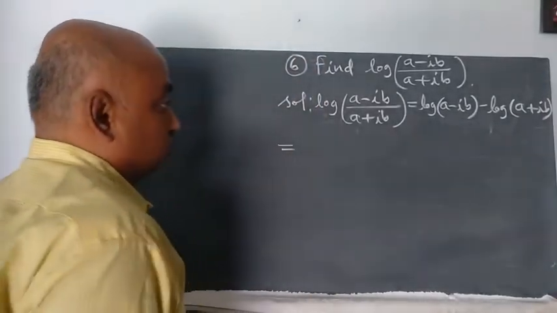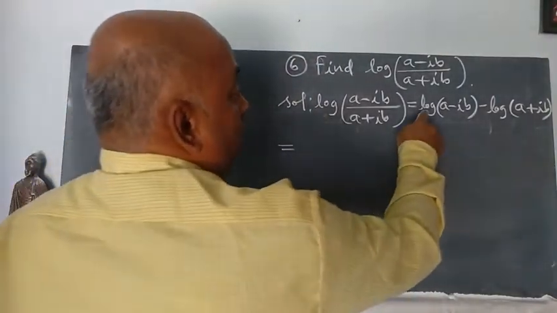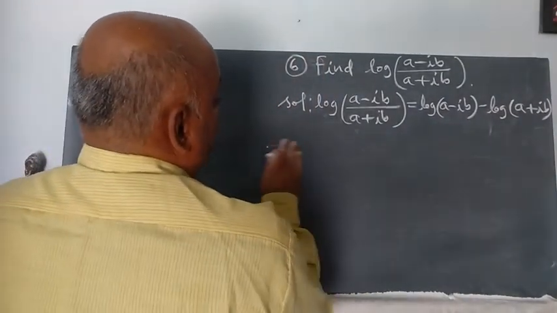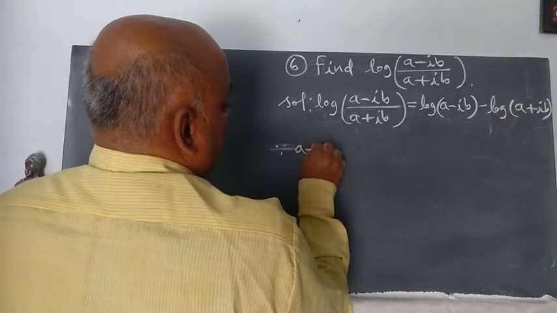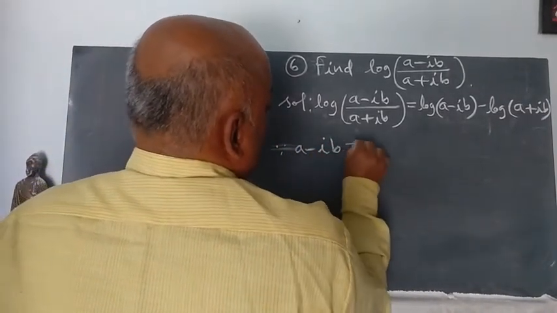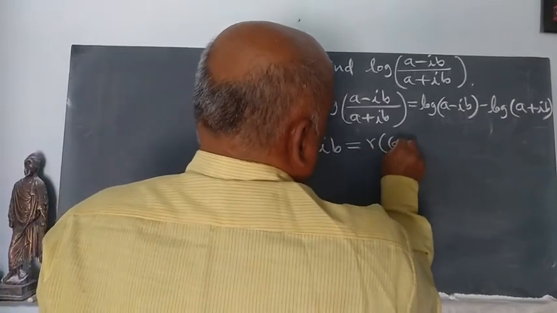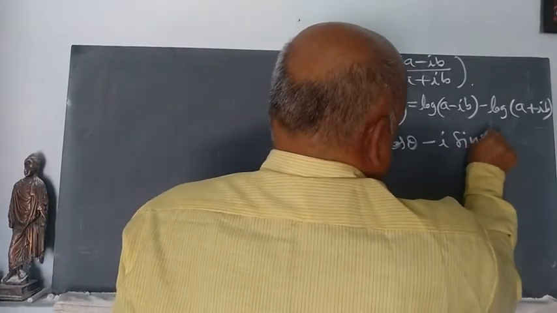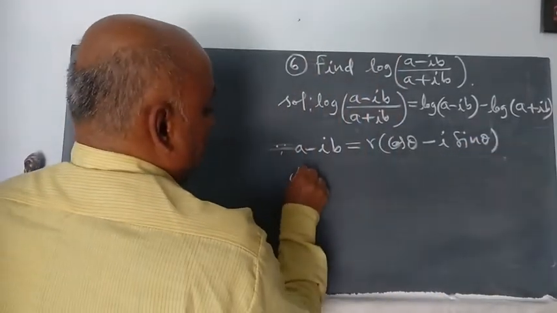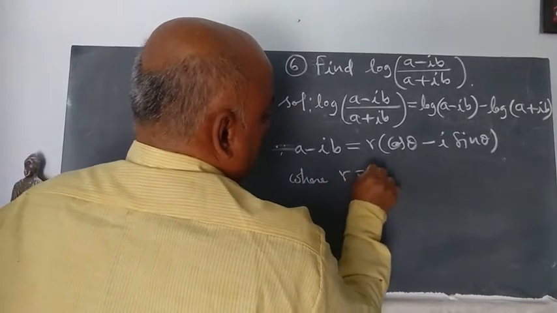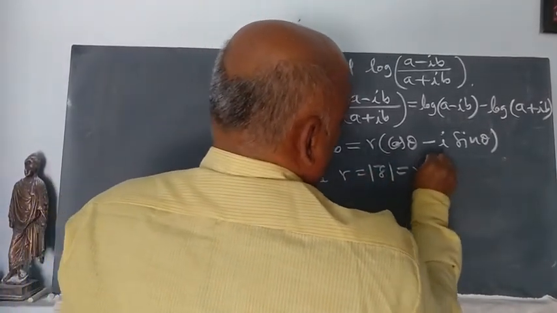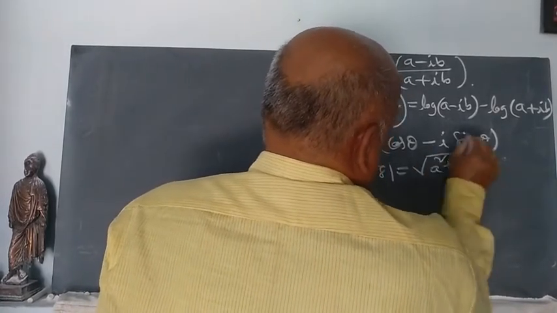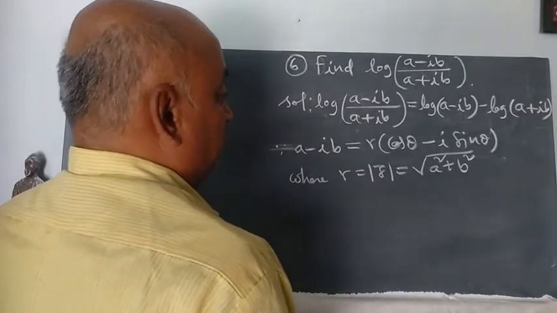This is the logarithm of a complex number. Since a minus ib is equal to r into cos theta minus i into sin theta, where r is equal to mod z, which is equal to square root of a square plus b square.